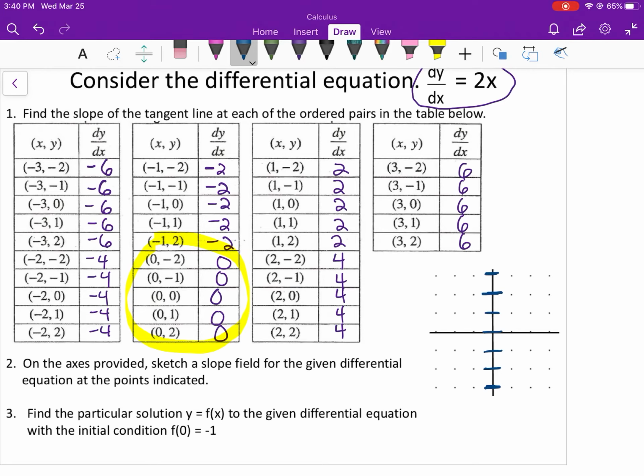So let's see here. Something like maybe this would be a slope of 2. And you're just estimating what a slope of 2 looks like. Now a slope of -2 is on the other side when my x is -1. So I'm going to do the same thing but on the other side and going downhill.